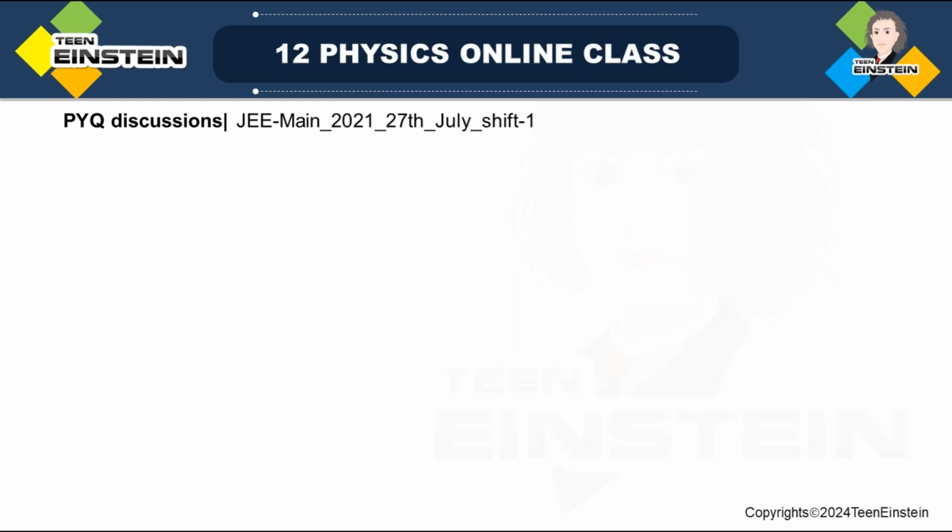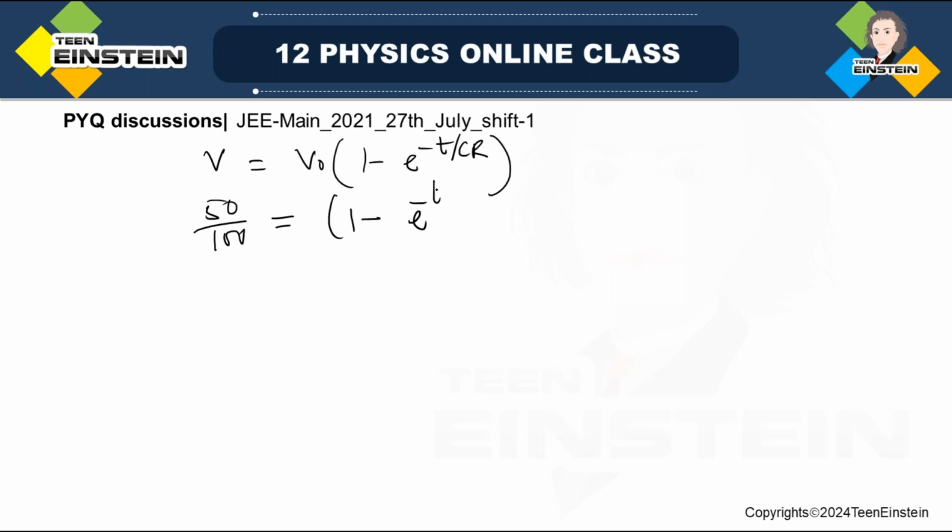This is very easy. Let us just write once again here. V is equal to V0 times 1 minus e to the power minus t by CR. Okay, now this V is 100, this is 50, so 50 by 100 is equal to this term.